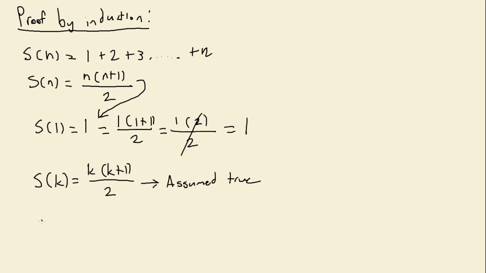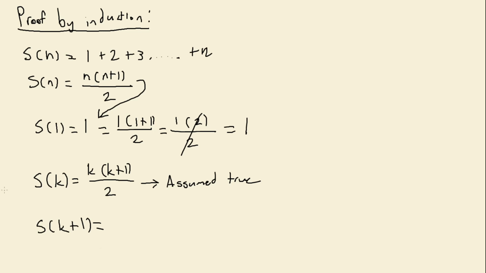And then we're going to say that the sum function that we're dealing with for k plus 1, the next integer in the list, if we can show that this follows the formula, then we will be in business. Because if we assume that this is true and we know that this is true, then this can become the next k, and then the next number will be true, and we'll know that this is true for all numbers.